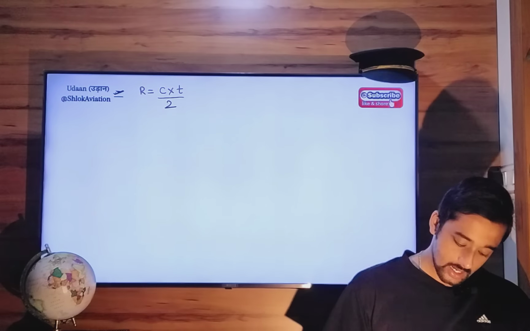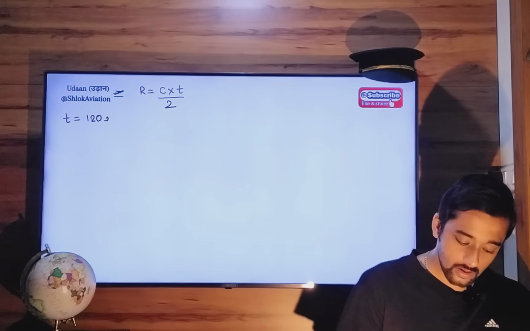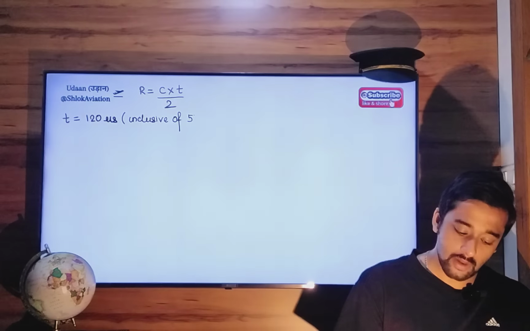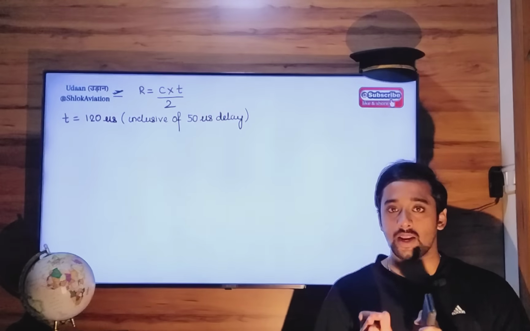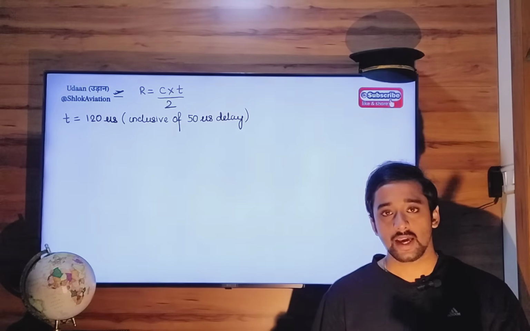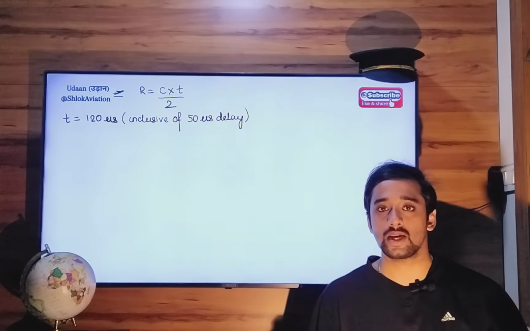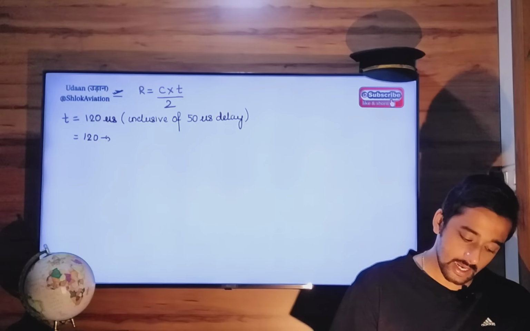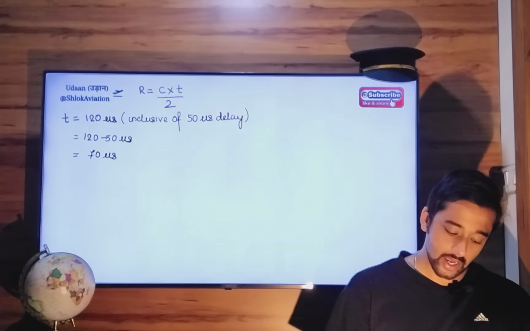Now here the time interval given to us is 120 microseconds, which is inclusive of a 50 microsecond delay, because whenever you send a radio pulse in the direction of the DME station, it will receive that, wait for 50 microseconds, and then retransmit the reply pulse. So we will have to subtract this 50 microsecond delay, the waiting period. So your answer will be 70 microseconds.